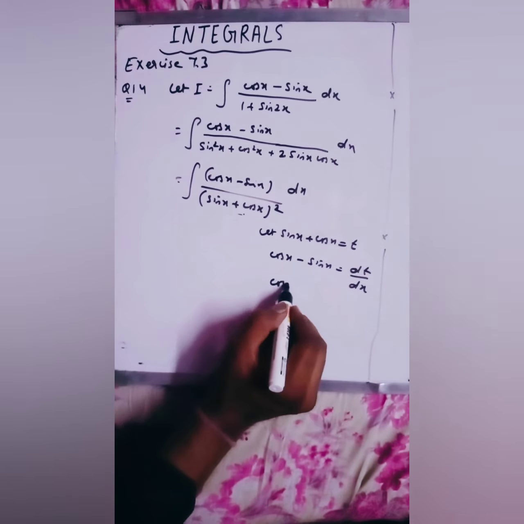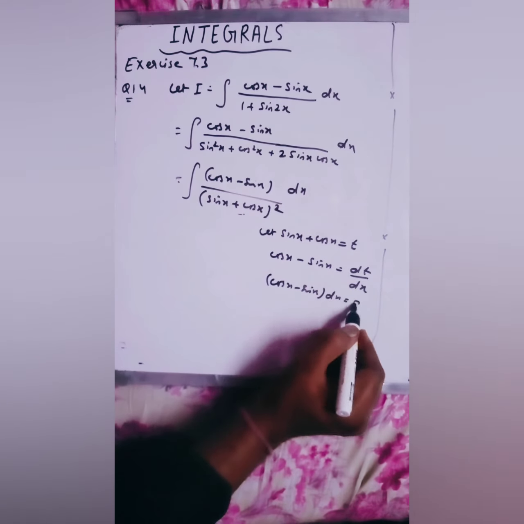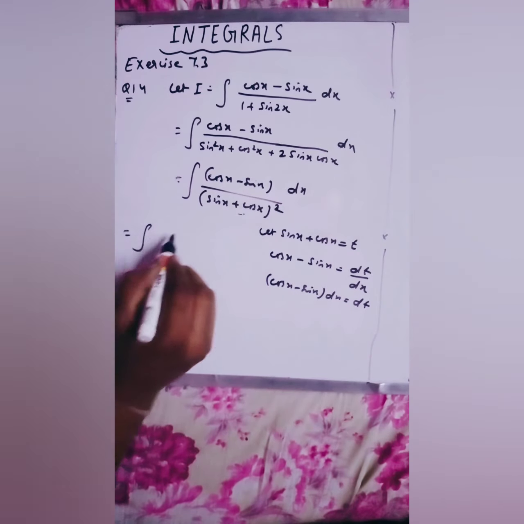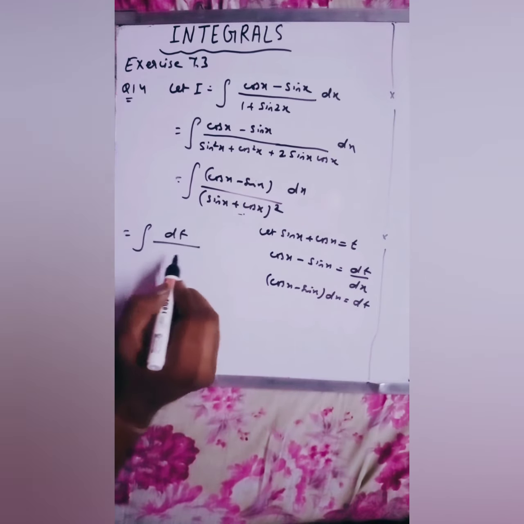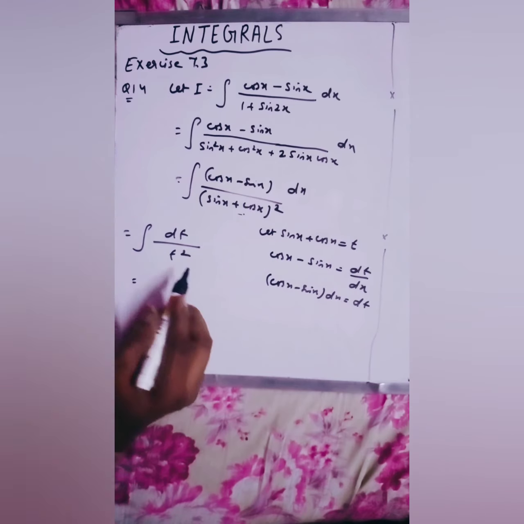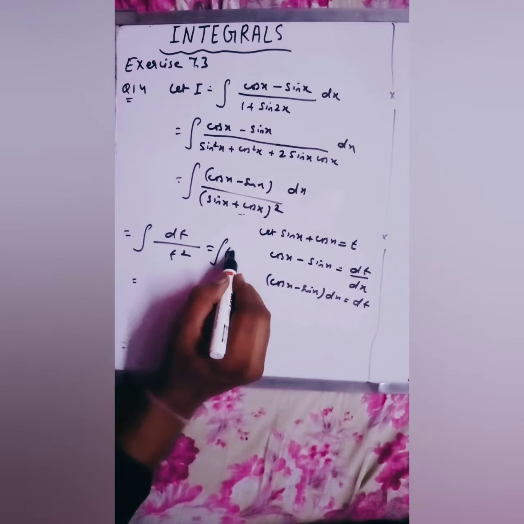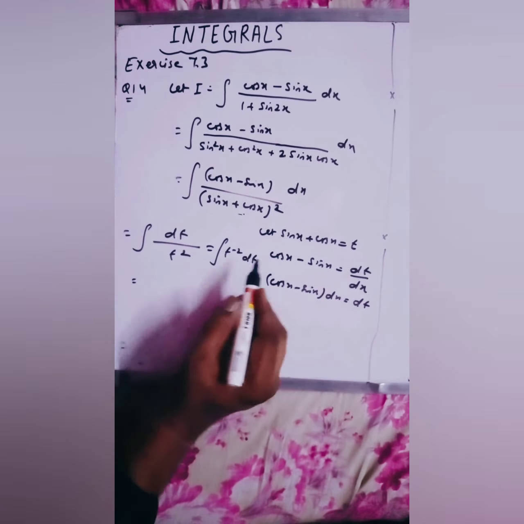So (cos x minus sin x) into dx would be equal to dt. So in the numerator part you will get dt, and in the denominator part you will get t square. You can write it like this, t raised to power minus 2 into dt.